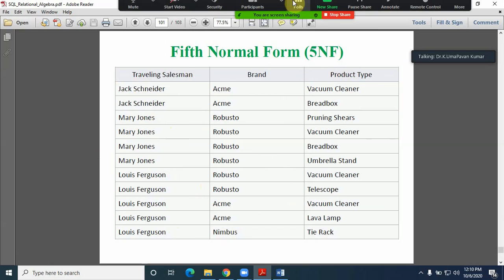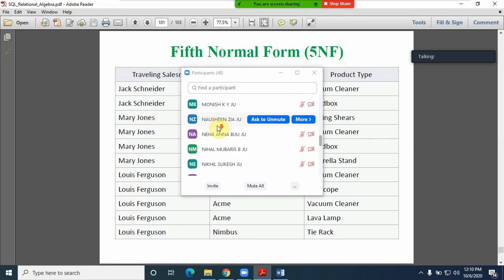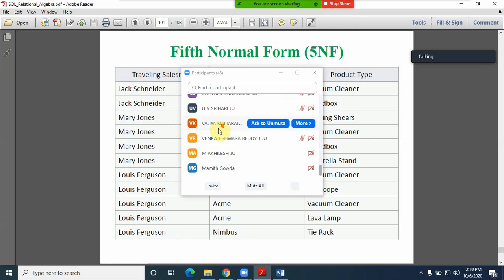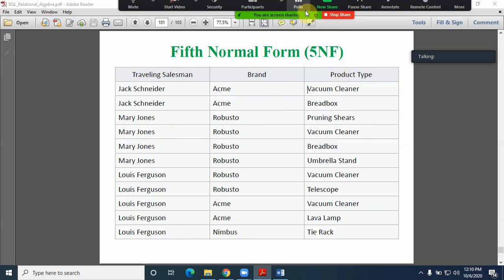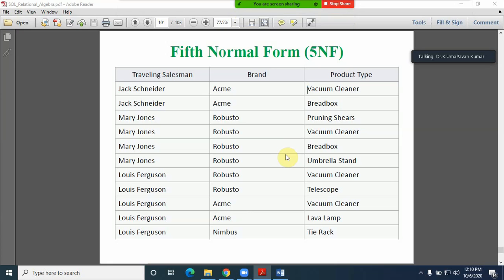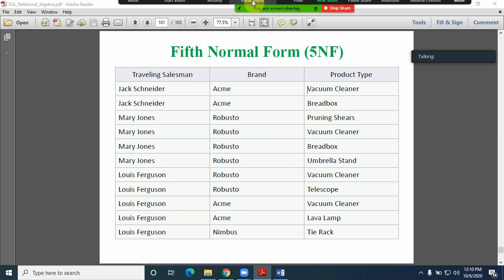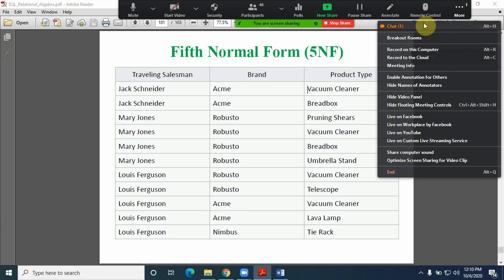Then what is the primary key, by the way? What is the primary key from this table? Can any expectation? Sandeep only, na?